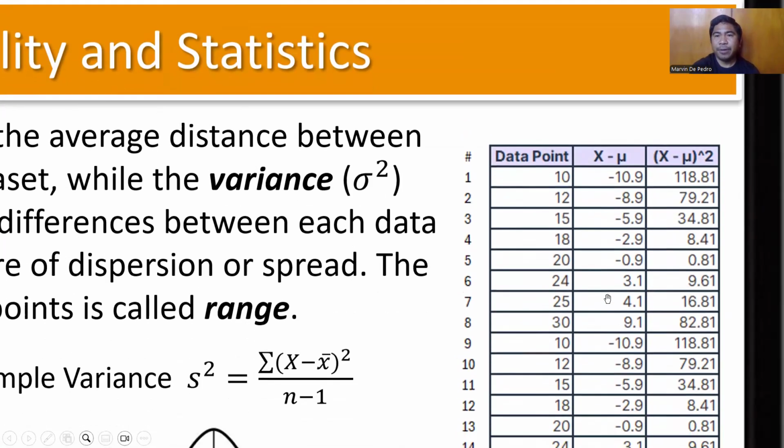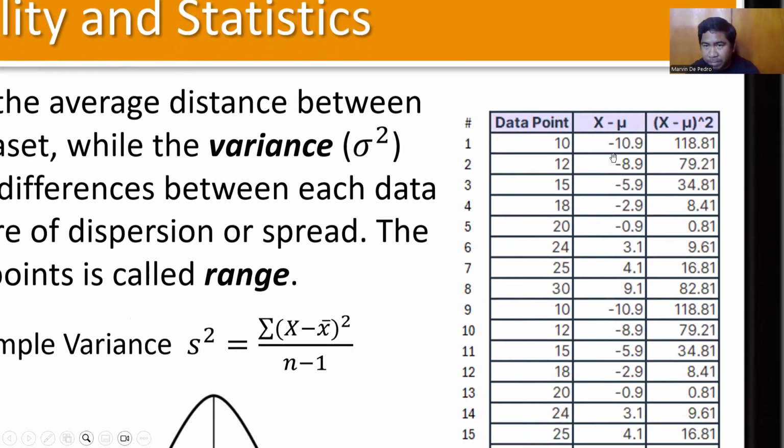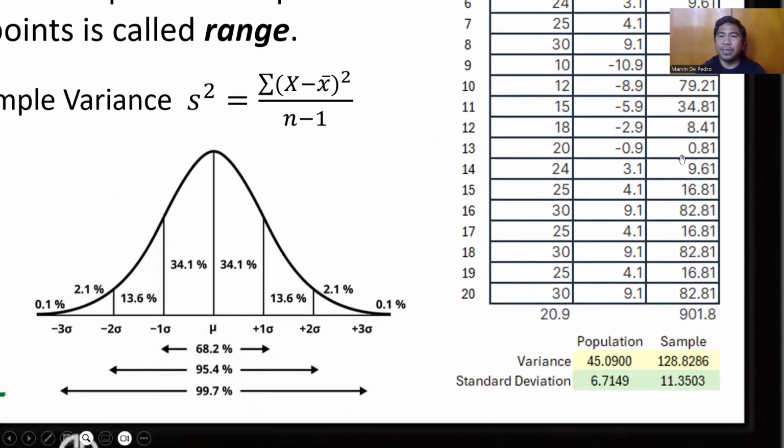Now, each item here, you just square it, and once you complete this, you have all the values already.